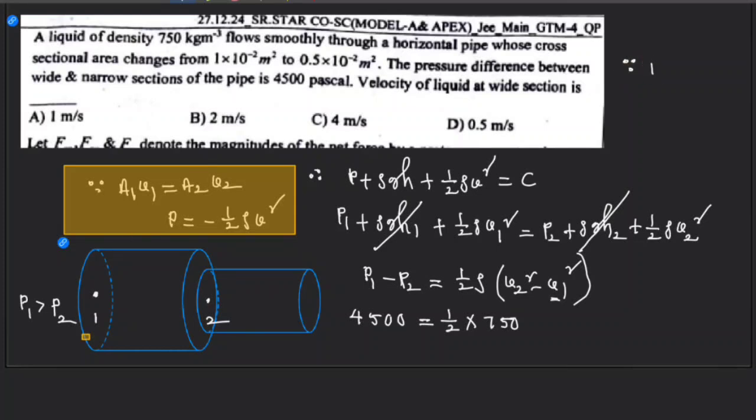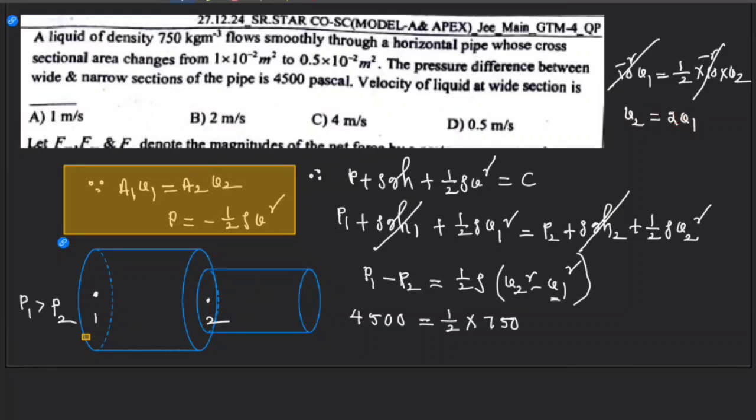So 10 power minus 2 into V1 is equal to 0.5, which can be written as 1 by 2, into 10 power minus 2 into V2. So 10 power minus 2 cancels on both sides. Therefore V2 is equal to 2 times V1. That is what we get.